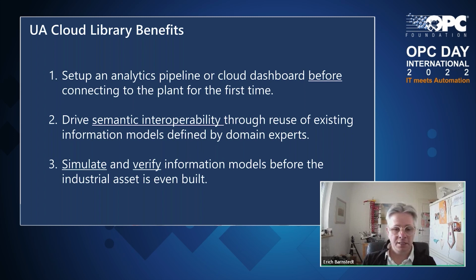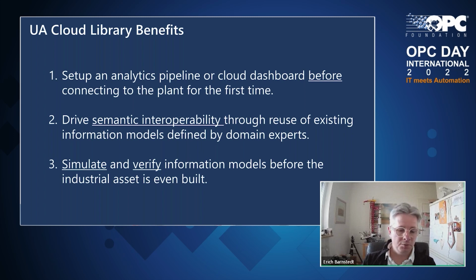So obviously, another big benefit of the Cloud Library is to see what's already out there, so you don't have to start from scratch every time you're building a new OPC-UA information model. And most of the information models in the Cloud Library are actually VDMA companion specifications that have been defined by the experts and should be considered best practice, right?